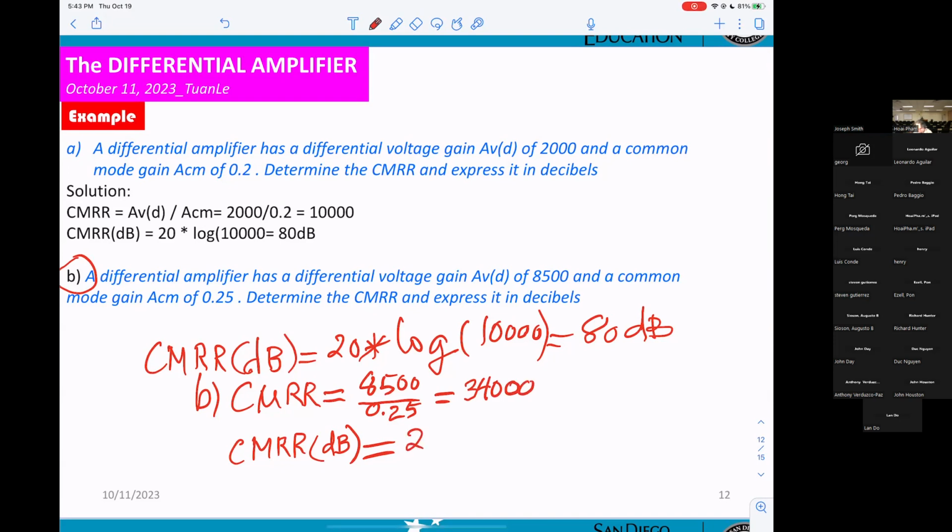And that one will be 20 times log of 34,000. Okay, 90.6 dB, times 20. 90.6, yeah, 90.6 decibels.